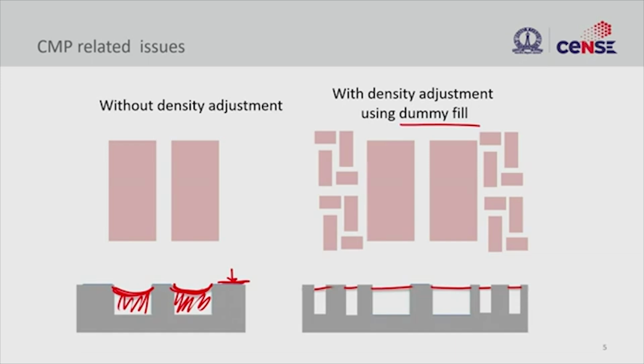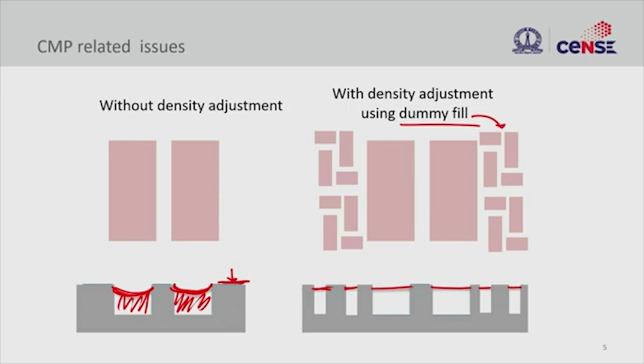So this is something we also saw in CMP, that your metal filling area, the metal density distribution, has to be uniform, so that your removal rates are uniform, right? And if you can put some dummy structures, you can achieve this.